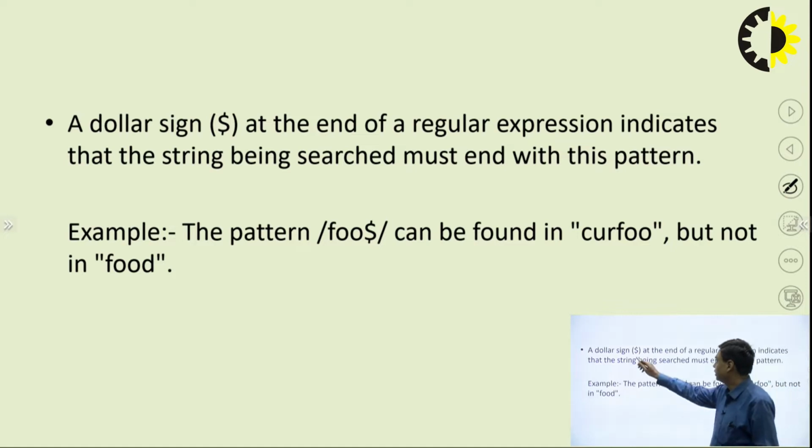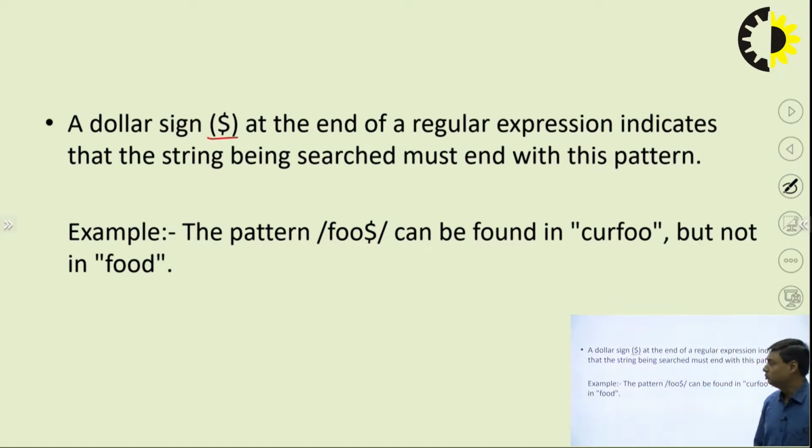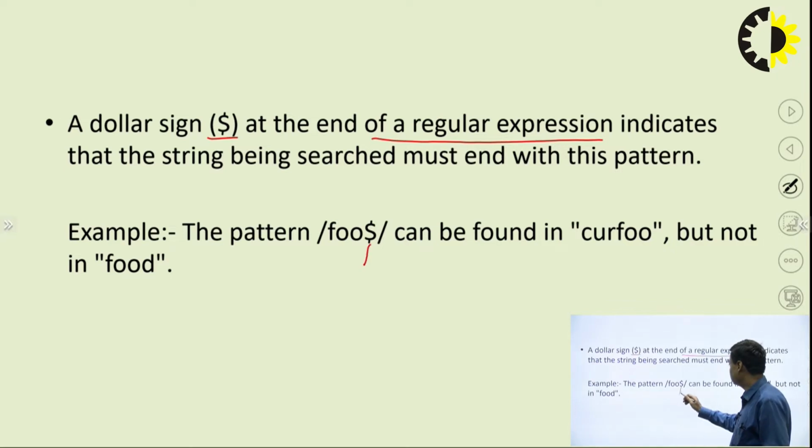The next symbol is the dollar symbol. The dollar symbol indicates the end of the regular expression. If you want to ensure that any string must end with some pattern, a substring, then we use the dollar symbol. Now this is the regular expression, and we are using FOO, then dollar.